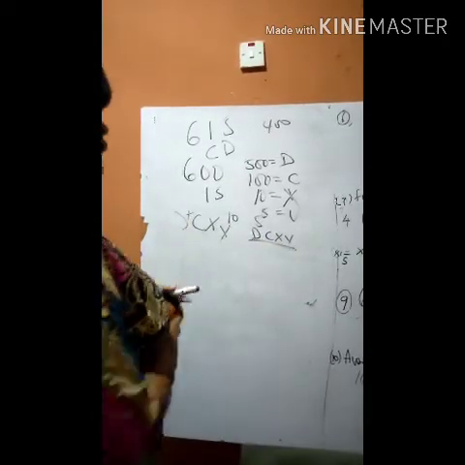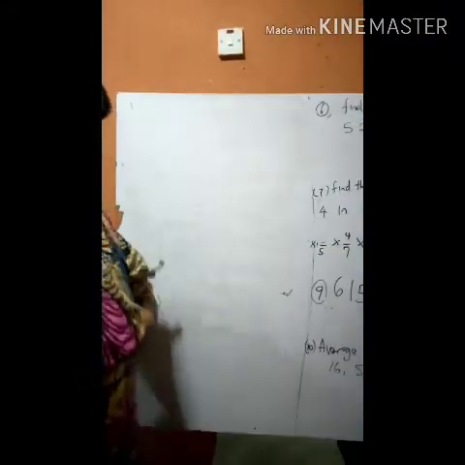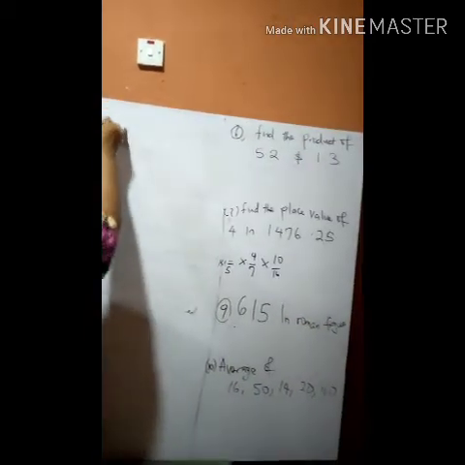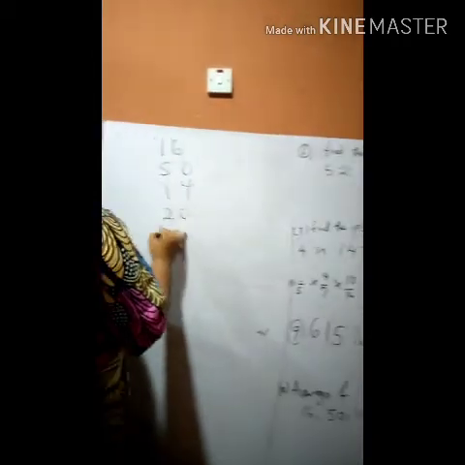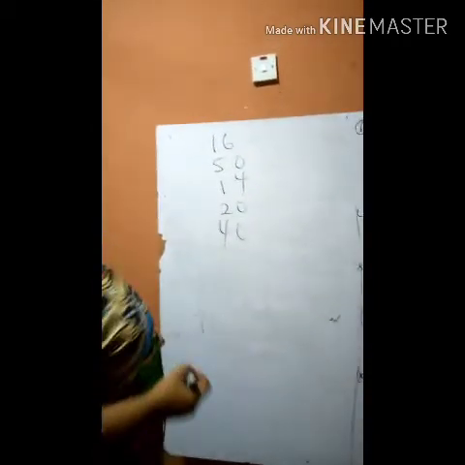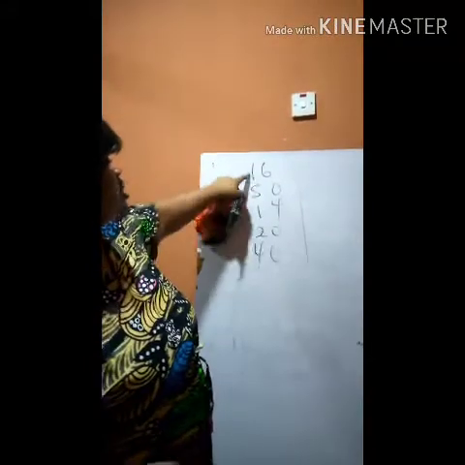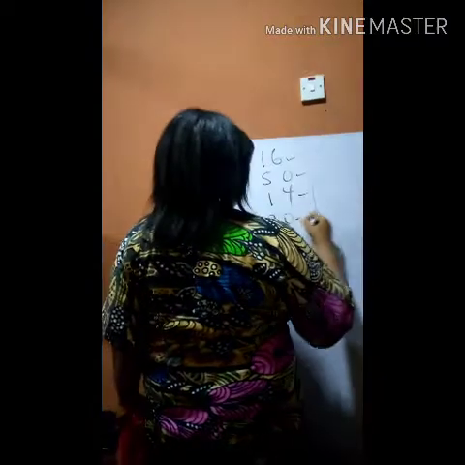The final question in these random questions is that we should look for the average of 16, 50, 14, 20, and 40. How do we get average? We add all our numbers together and then we count the number of numbers we have. How many numbers do we have? 1, 2, 3, 4, 5.